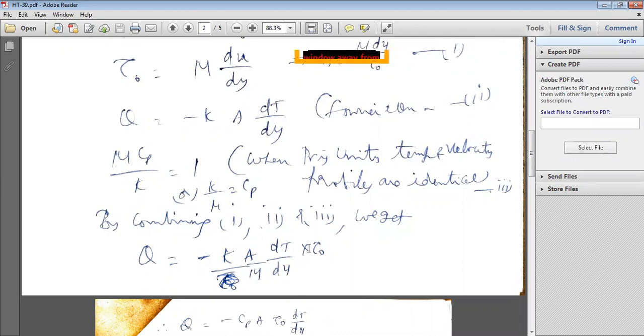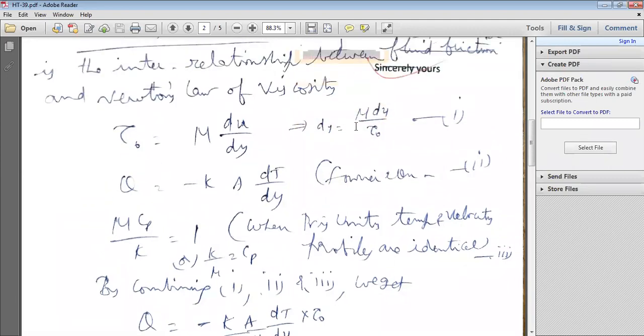In this, tau naught you can take to the top. Finally, Q is equal to minus K A dT into tau naught divided by mu into du. All of you listen very carefully and observe this equation. I'm repeating, Q is equal to minus K A dT by dy.